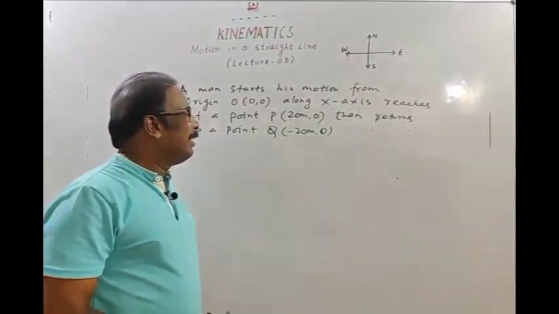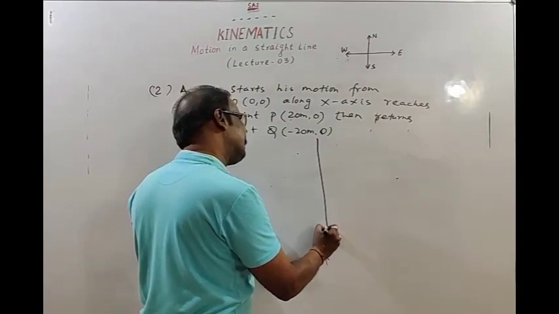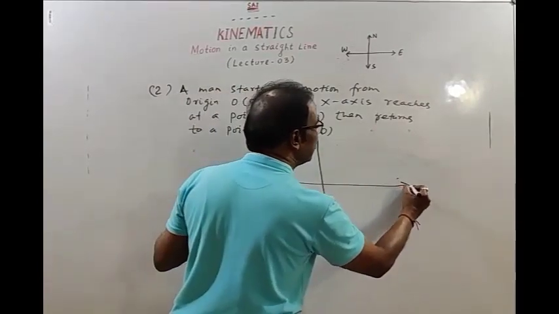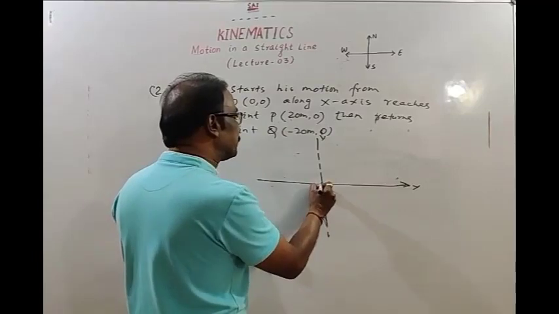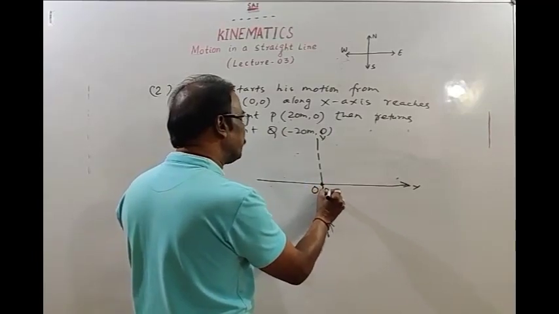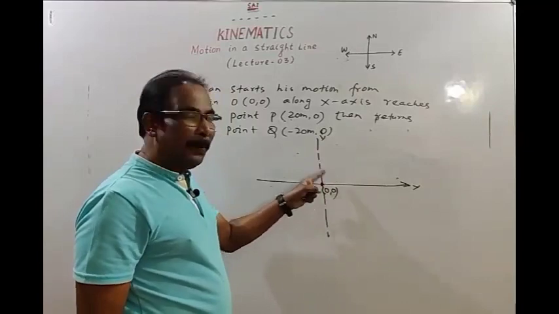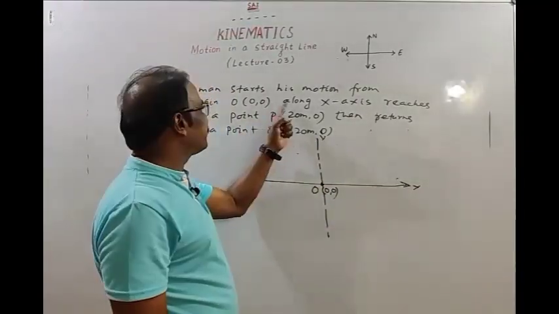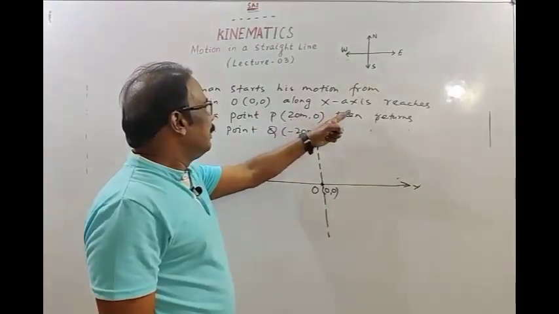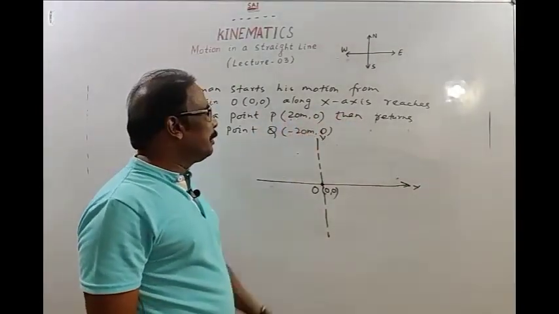Very easy question. Then let's represent the respective axis. This is x-axis and this is y-axis. The motion is along x-axis. This is origin. Coordinates of origin are 0, 0. Value of x is 0, value of y is 0, and the man starts his motion from origin. He reaches a point P. P is 20 meter, 0.